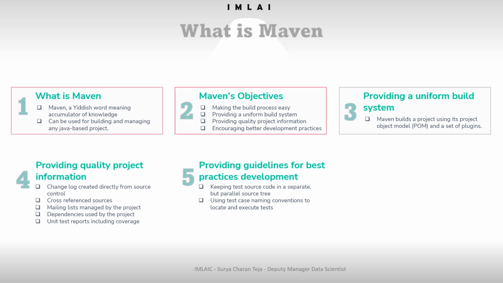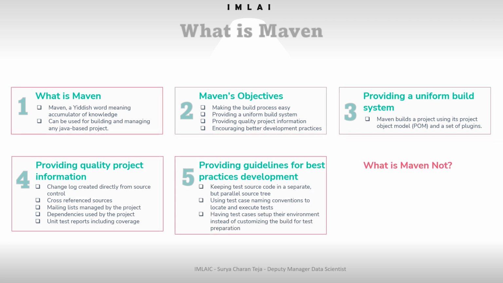These are the guidelines provided by Maven to make you follow the best practices of development. And having test cases set up their environment instead of customizing the build for test preparation. Maven also assists in project workflow such as release and issue management.